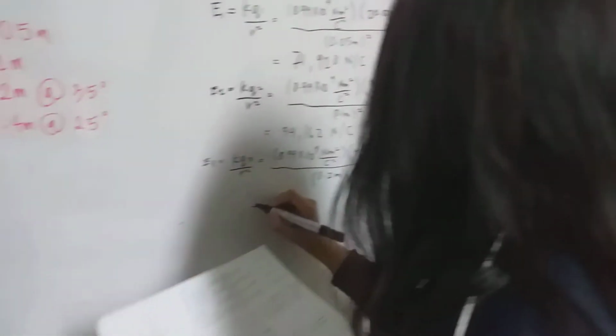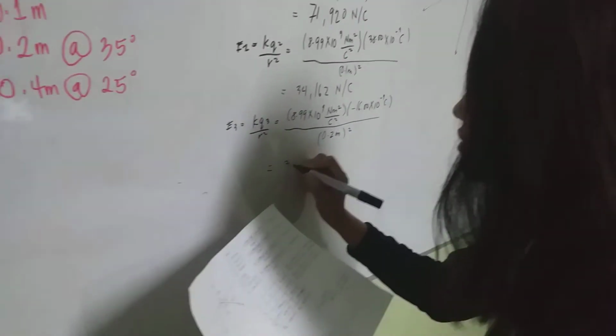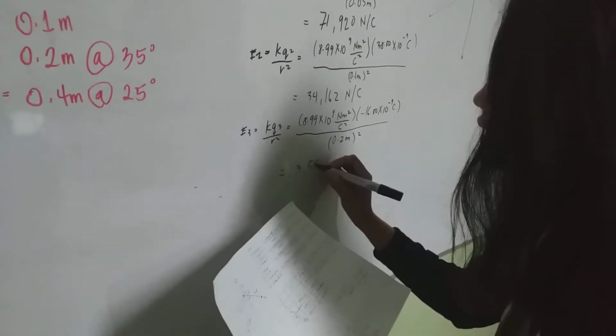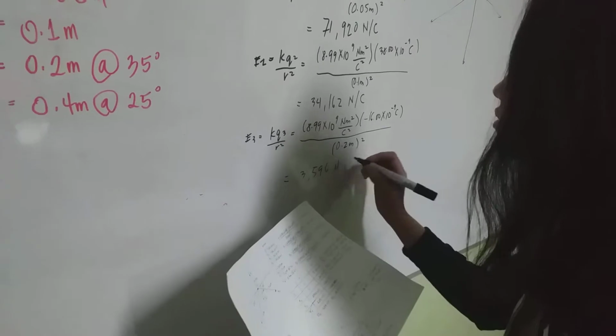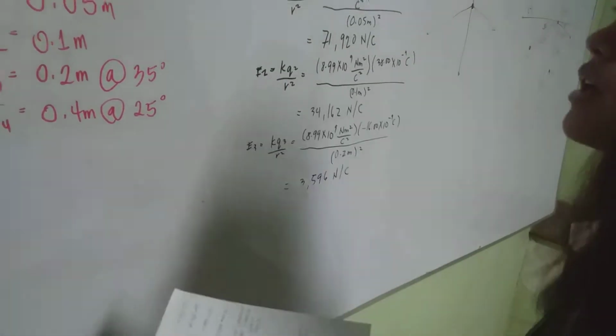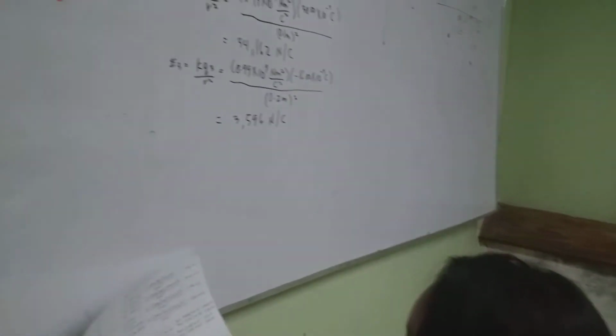The answer for the third charge is 3,596 newtons per coulomb.